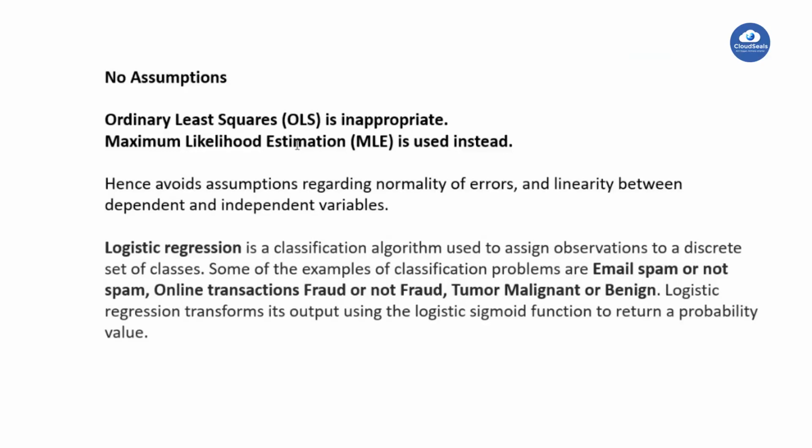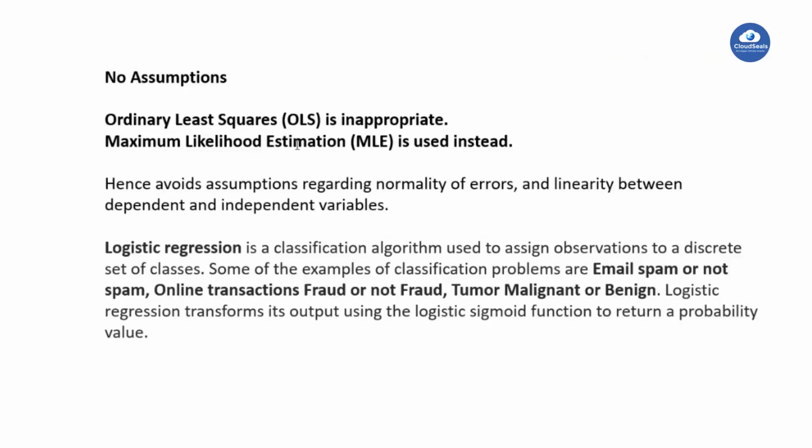Let's assume it is binary classification. We have two categories for the dependent variable, either 0 or 1. So we'll take 0 as non-spam and 1 as spam. What is the threshold to differentiate spam and non-spam mail? 0.5.